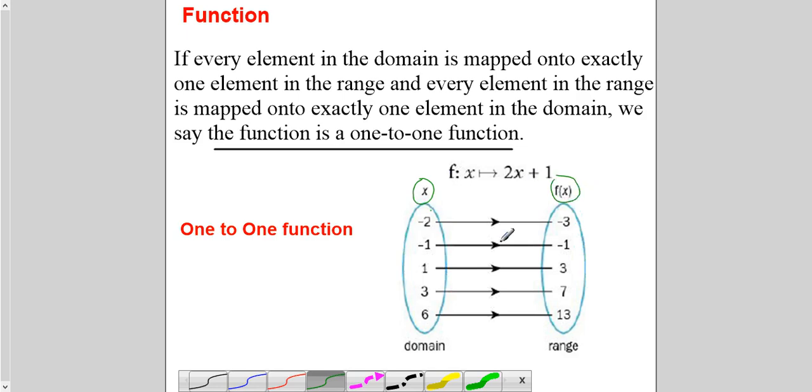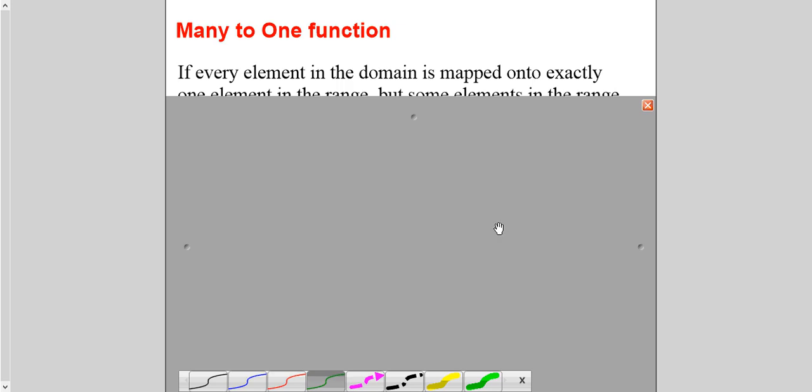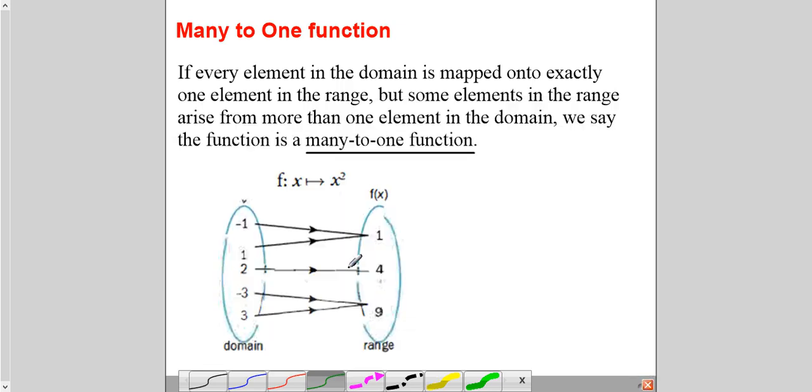So yes, it is a one-to-one function. If you see here, two different inputs are giving you the same output. It is a many-to-one function. And you can read this language here. I have written this here so that you get used to comprehending it through definitions and explanation.